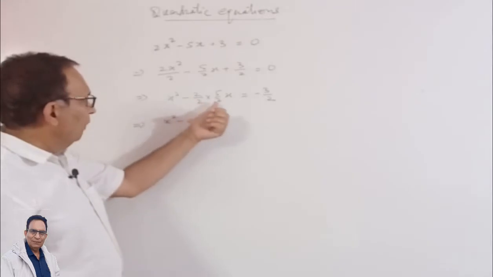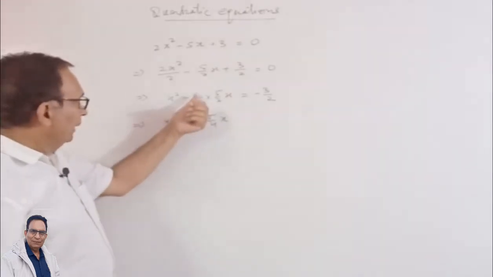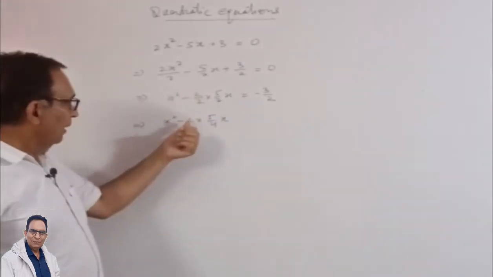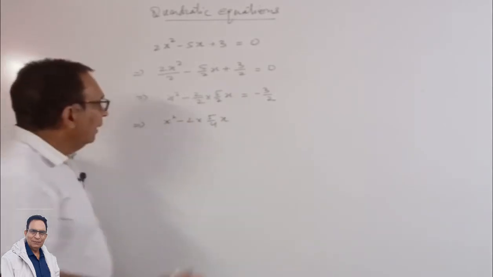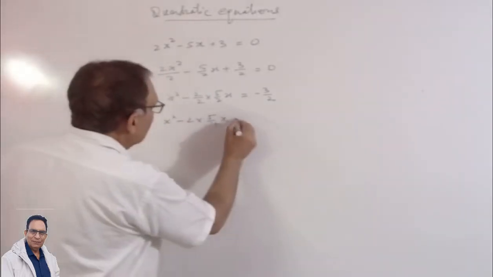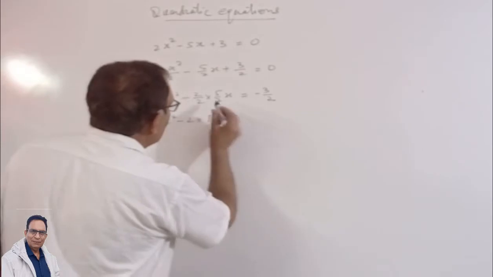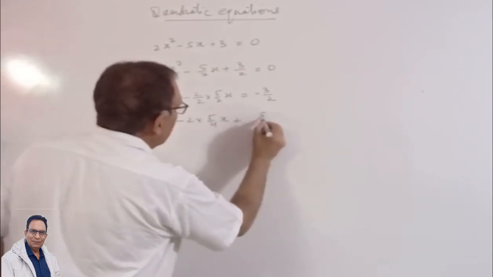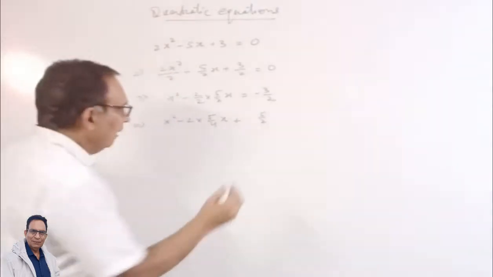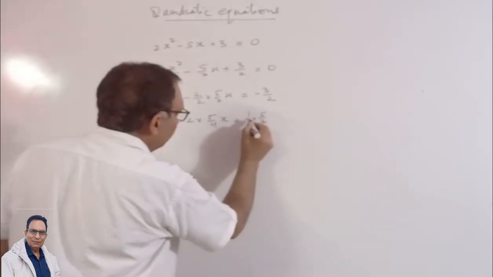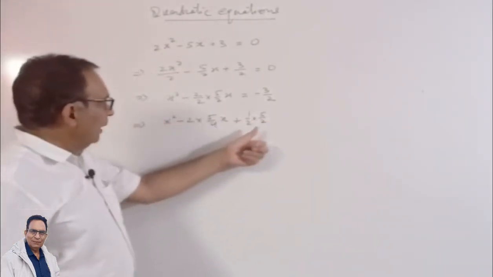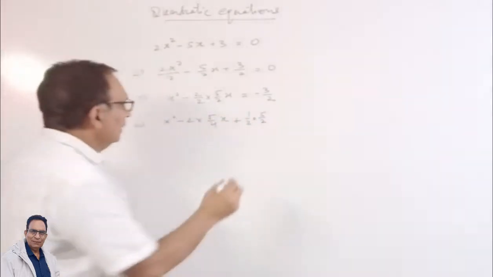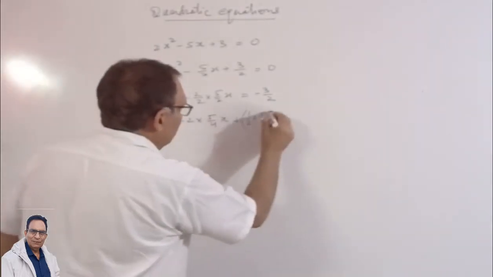Reason being, when you multiply 2 by 2, it is 4, and this 2 we want to keep as such. Let the 2 be here. Then you add a value which is the coefficient of x multiplied by half of it.